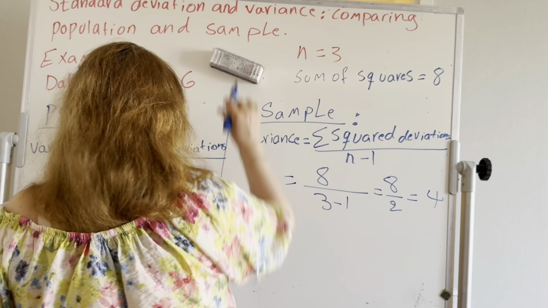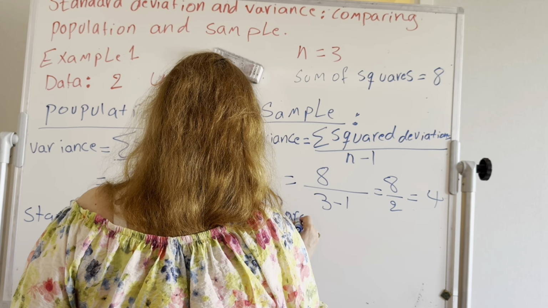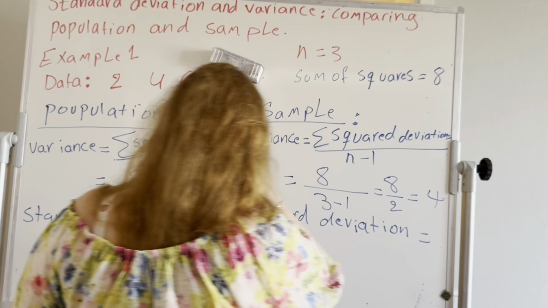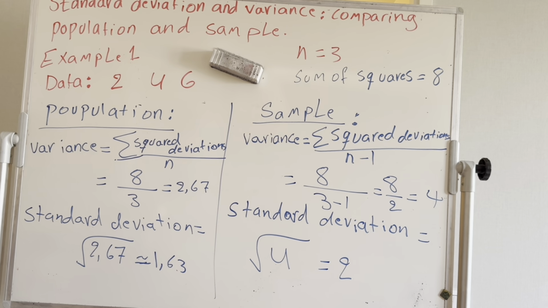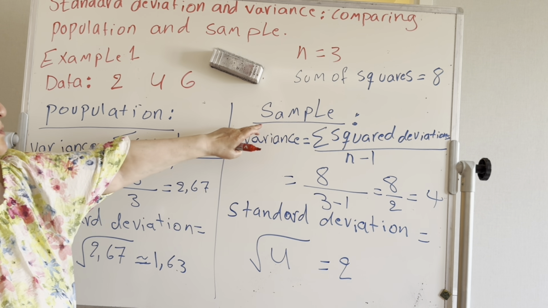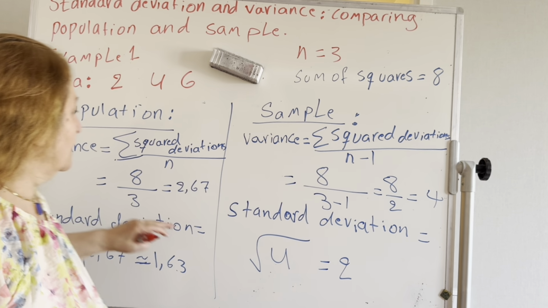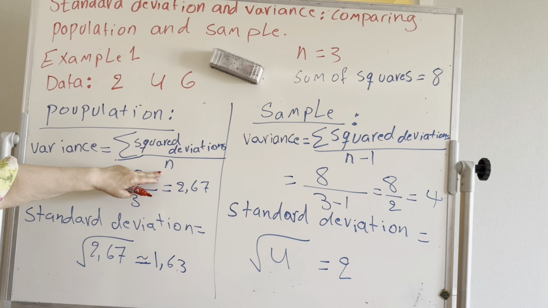For sample, the sum 8 divided by n minus 1, 3 minus 1, equals 8 divided by 2 equals 4. Standard deviation equals square root of 4 equals 2. The difference: when it's sample, we divide by n minus 1, but when it's population, we divide by just n.